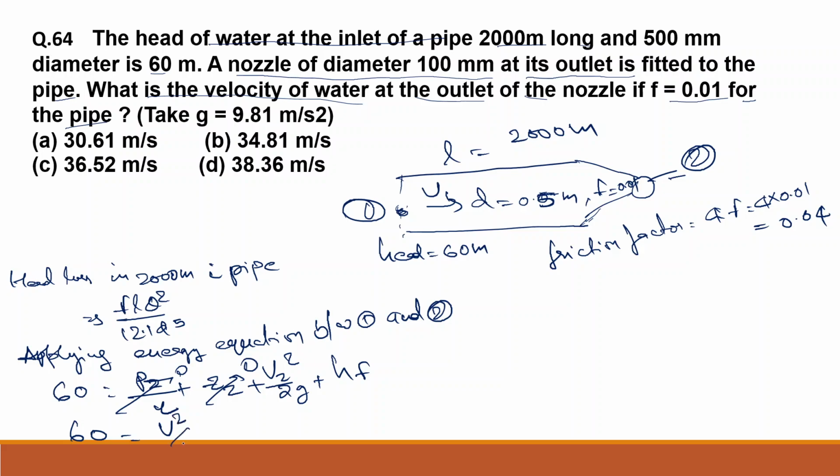After that, we will get here 60 is equal to V square upon 2G plus, by applying the value of HF, we get FL V1 square upon 2GD.